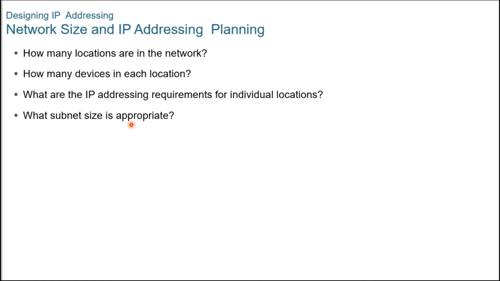Based on the collected information about the number of networks and planned switch deployment, the designer estimates the appropriate subnet size. For example, deploying 48-port switches would mean that subnets with 64 host addresses would be appropriate, assuming one device per port.